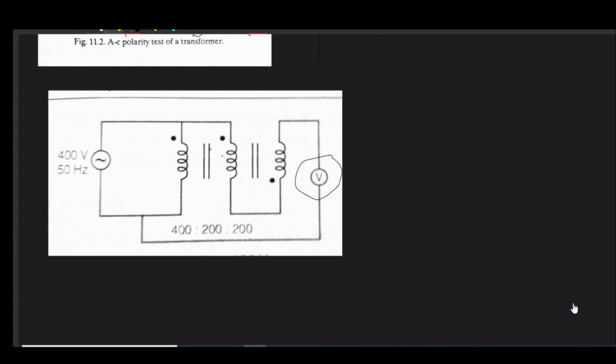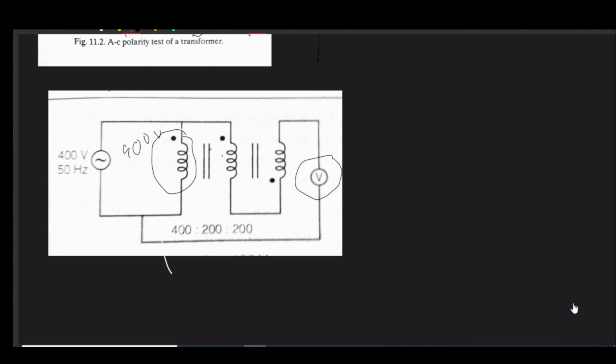Here we can see what amount of voltage will be induced here. It will be 400 volt. So the voltage across this winding will be 400 volt.